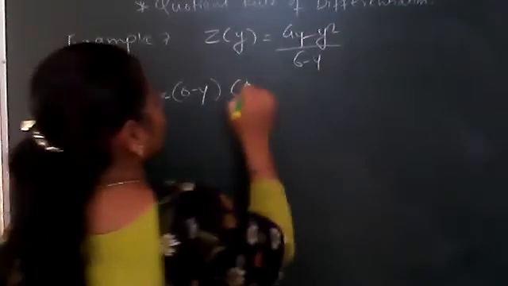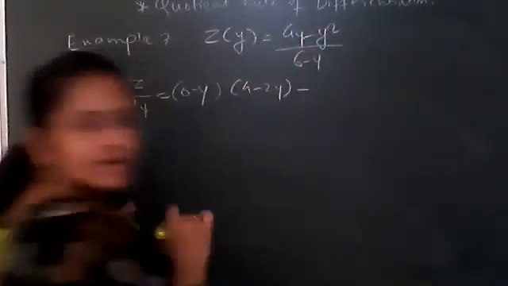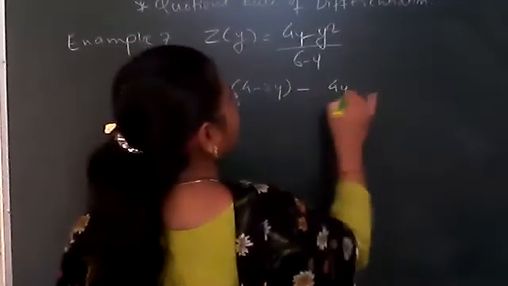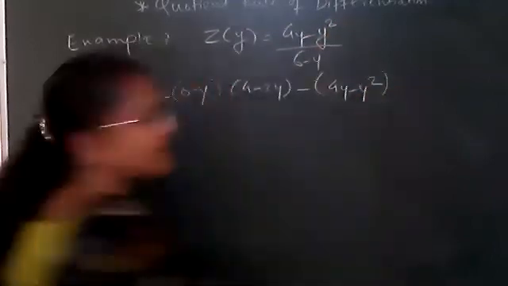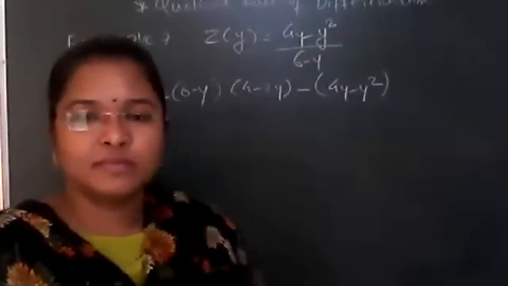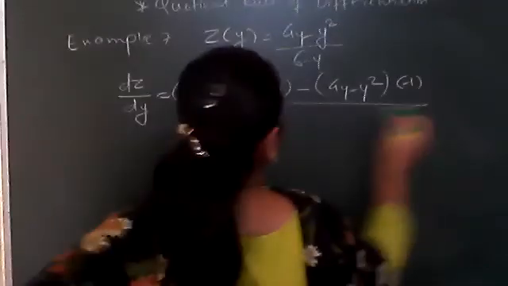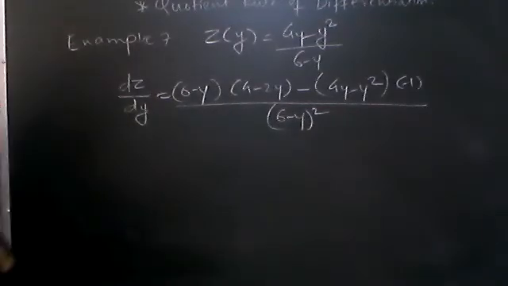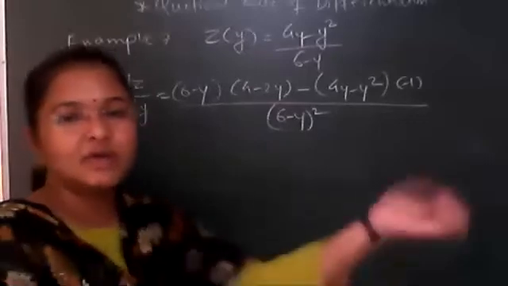Yes, 4 minus 2y minus first function constant, correct? 4y minus y square, times the derivative of 6 minus y, which is minus 1, whole thing divided by (6 minus y) whole square. Getting? Any doubt in this?